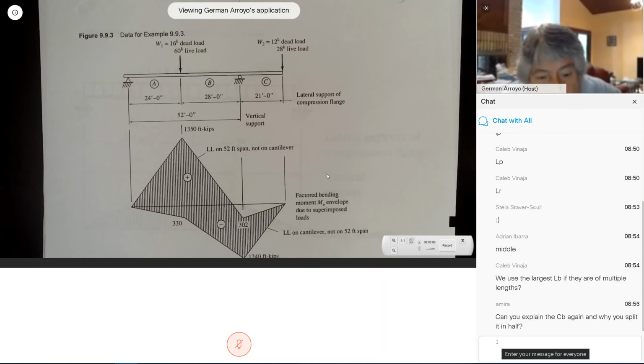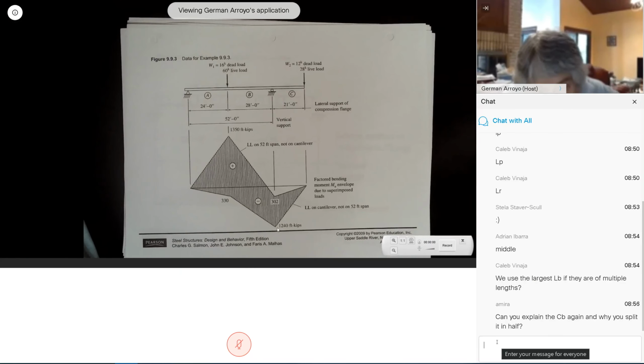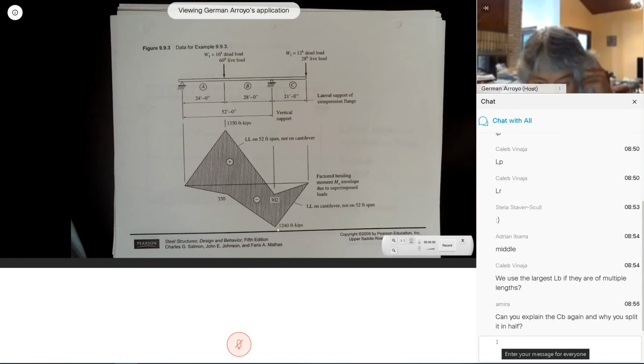To produce the maximum negative, look, from 302 it went to 1240, a very large moment. We need to put in here the dead and the live, and only the dead in this span. Look at the maximum negative, 1240, it was 302. Look at the minimum positive, it became negative 330.